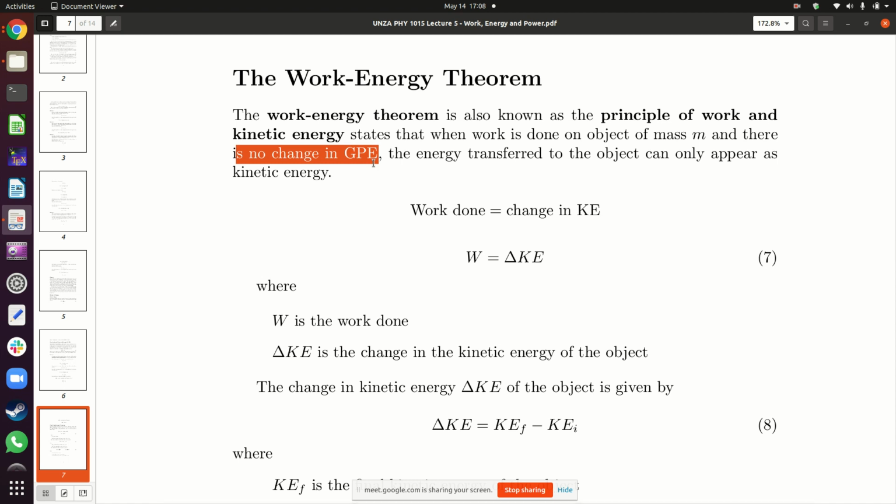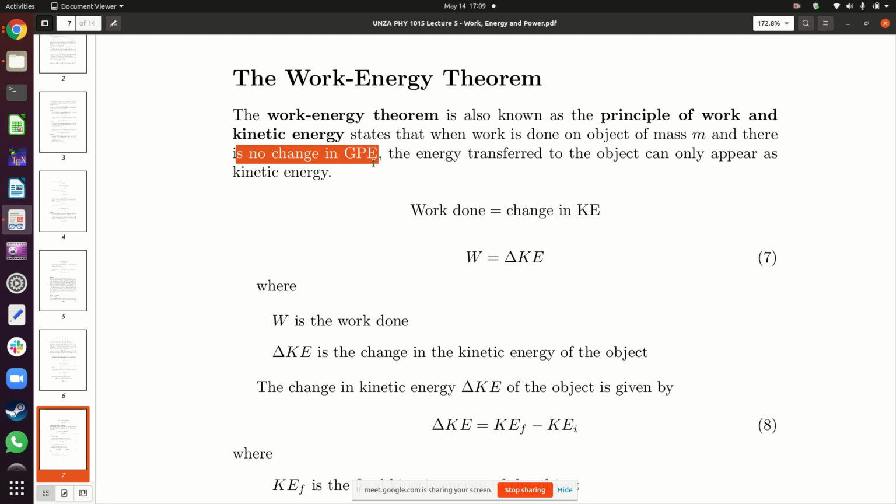We know that gravitational potential energy is the energy an object has as a result of its height above the surface of the earth. So what we are saying is that the gravitational potential energy should not change, or the height of the object should not change, it should stay the same.